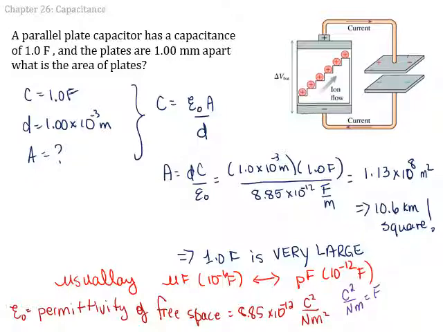Now we're going to segue into the next part, which is epsilon naught in our capacitor equation. Here in our capacitor equation, capacitance is epsilon naught times A over D. Epsilon naught, the permittivity of free space, describes how an electric field travels through a vacuum or through air, because air is fairly close to a vacuum.